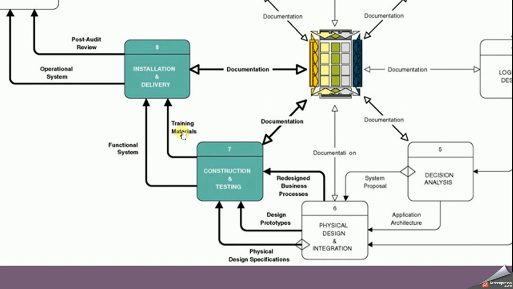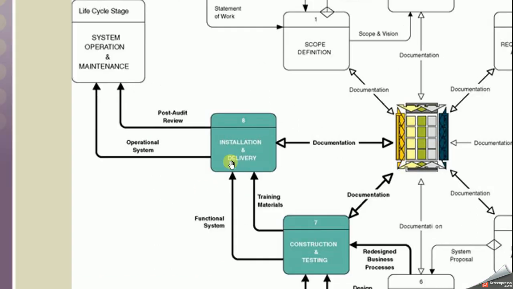And also the training manuals are generated during this phase. And in installation and delivery, it will take the functional system and training manuals as input, and it will create an operational system with post-audit review, and the related documentation will be stored in the centralized repository.